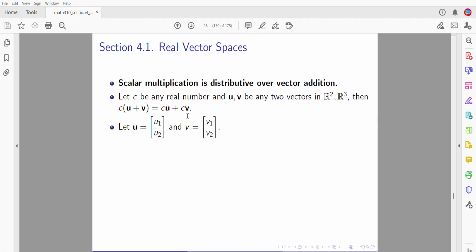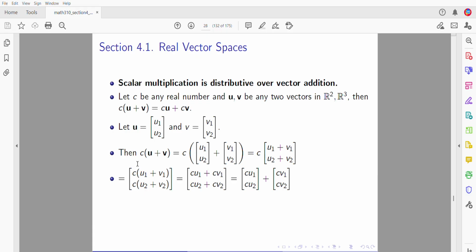Let U be (U1, U2), V be (V1, V2). Then C times (U + V) is C times (U1, U2) plus (V1, V2). Notice it's in parentheses, so you add them first. How do you multiply C? Well, it goes component-wise. C times (U1 + V1), C times (U2 + V2).